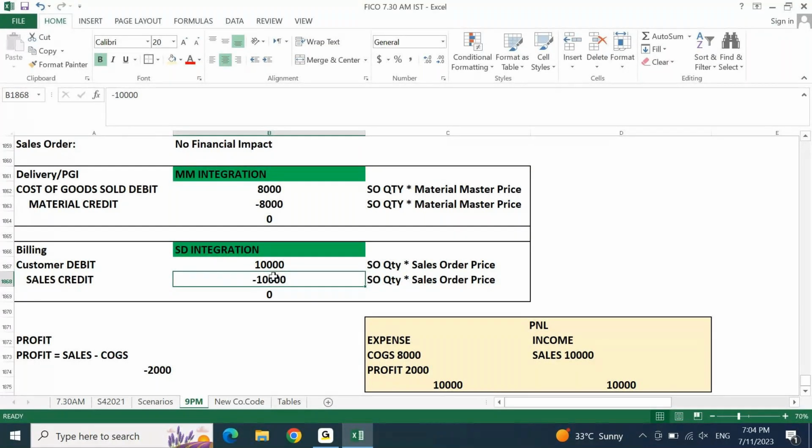Agree? Correct, sir. If you're talking about liters, every liter will have a price. I cannot say that this is a bulk price; that way it will not work out. If your material is measured in each, you must represent the cost of each. If your material is represented in kgs, what is the price per kg?